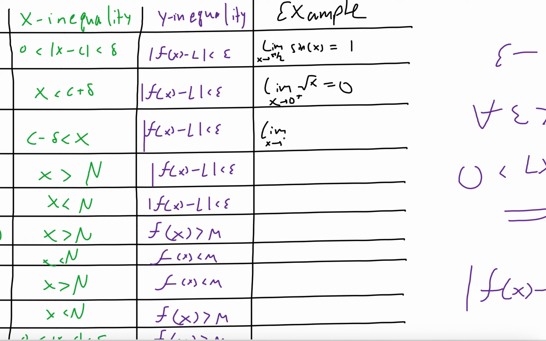We can say 0 from the left of the root of negative x is equal to 0. Remember, the root of negative x will just flip it across the y-axis. So that means that when you plug in really, really small values of negative numbers, like negative 0.0001, this will become positive and it'll become well-defined and it'll approach 0.